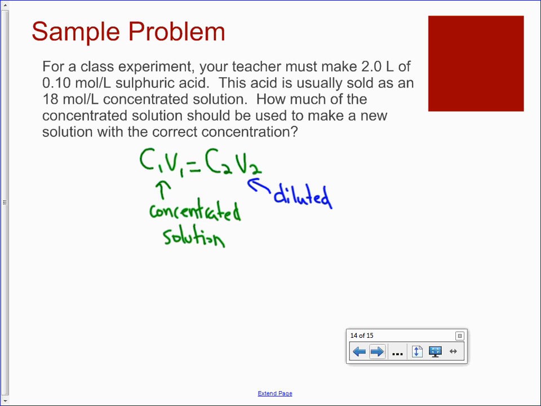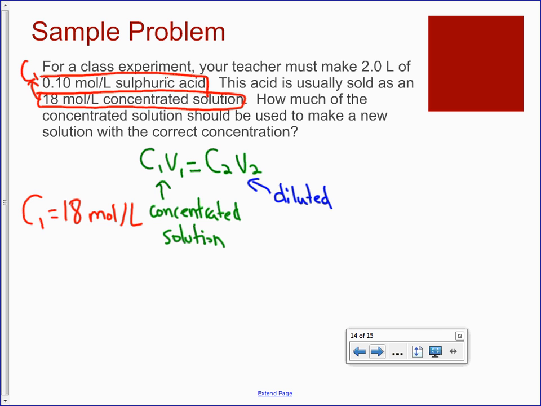So we're told that the sulfuric acid is sold as an 18 moles per liter concentrated solution. So this is going to be our C1. So we can say our C1 is 18 moles per liter. We're told that the teacher has to make a 0.1 mole per liter solution of sulfuric acid.